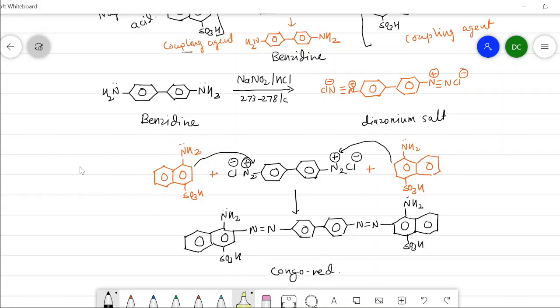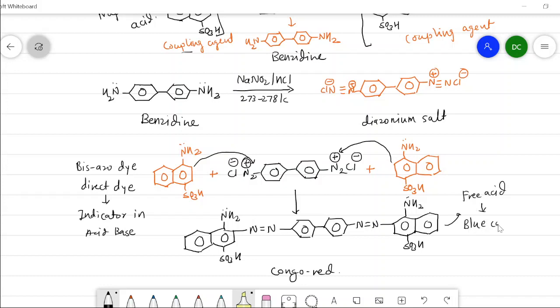So this Congo red dye is a bis azo dye and it is a direct dye. It is the type of dye. Then it is used as an indicator in acid-base titration. This structure is a free acid structure, and when it is a free acid, it has a blue color.